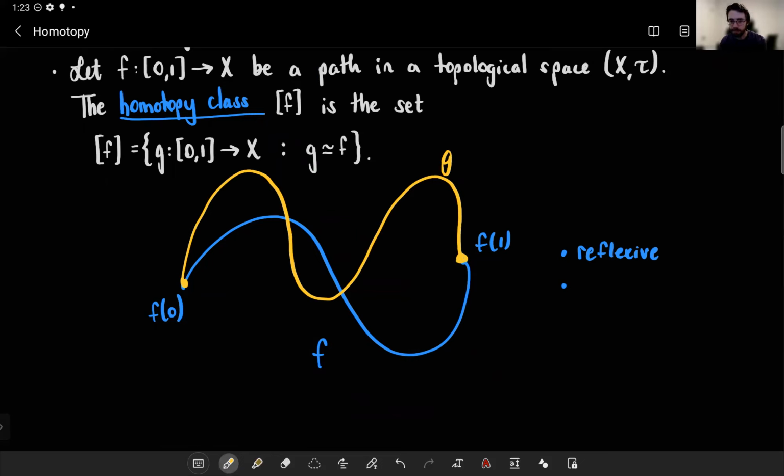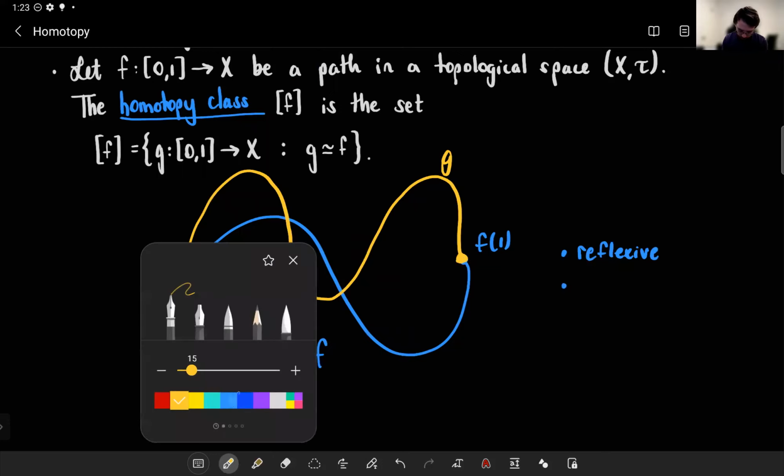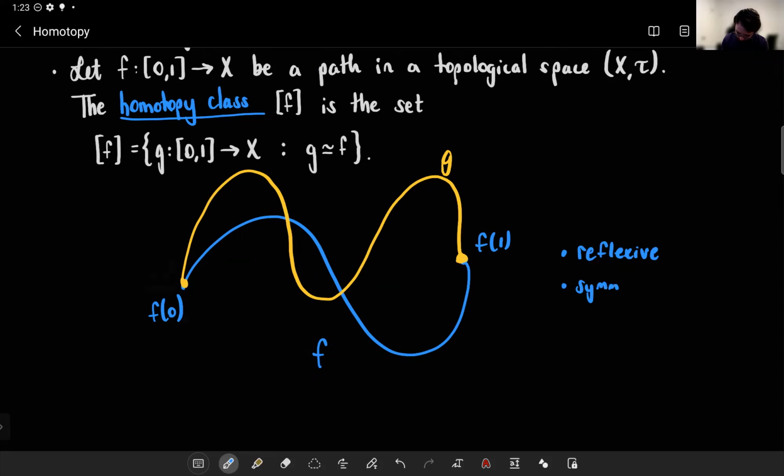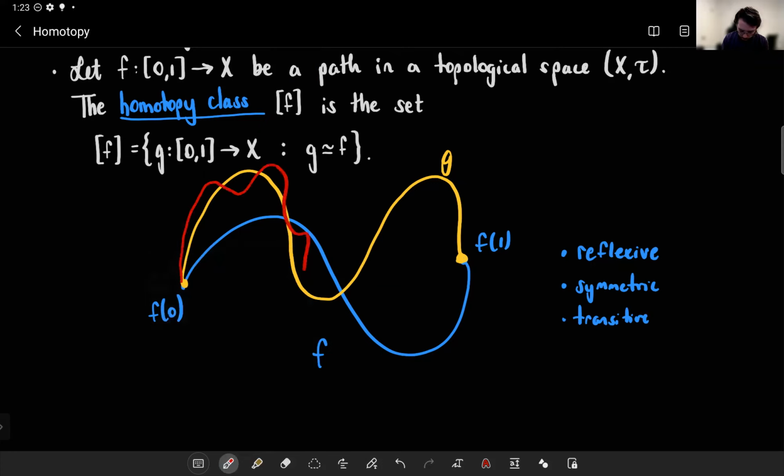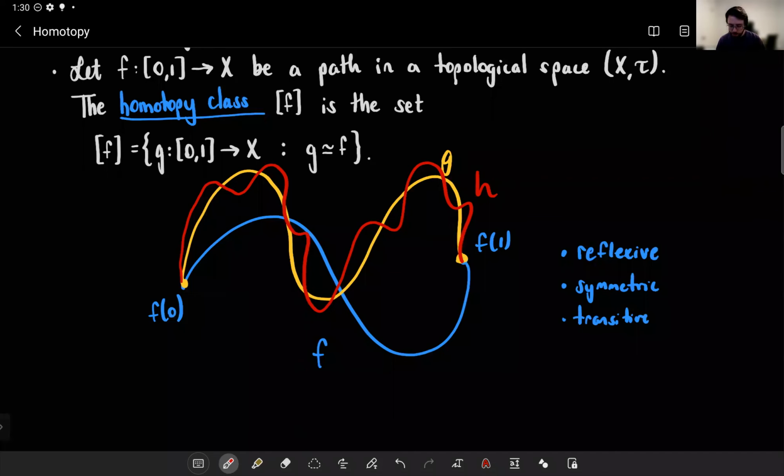I could deform G into F. And it's also transitive in the sense that if I know F is homotopic to G, and then G can be wiggled a little bit into some function H, then it shouldn't be too hard to convince yourself that if you can deform F into G and you can deform G into H, then you can compose those two deformations, thereby getting a homotopy from F to H, which is the hallmark of transitivity. So it is really an equivalence relation.